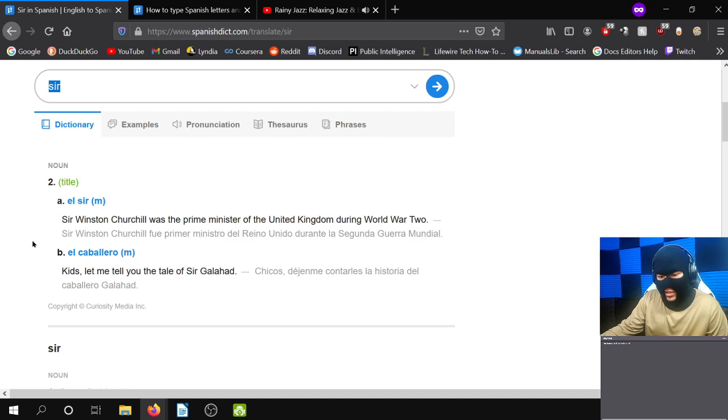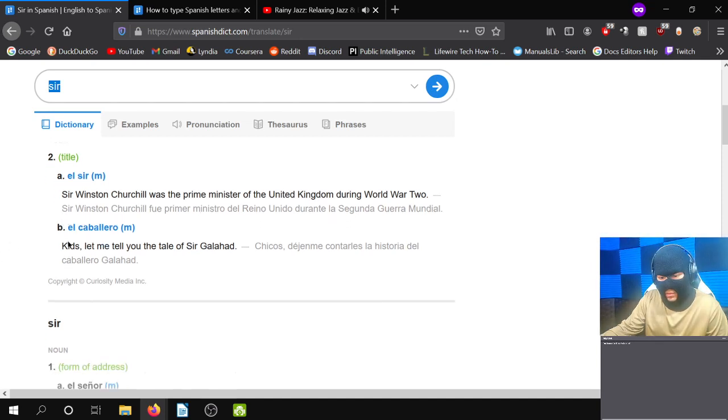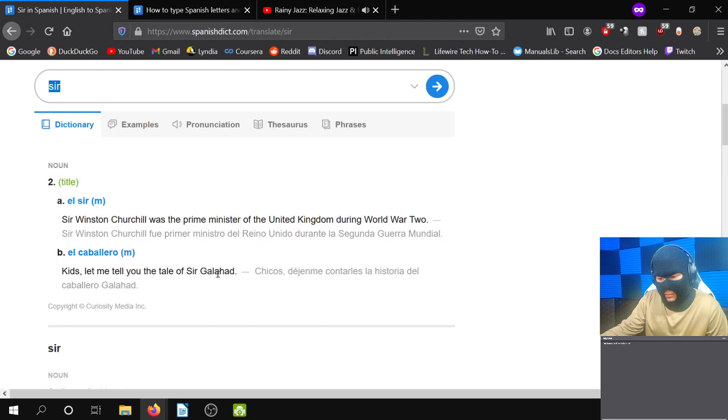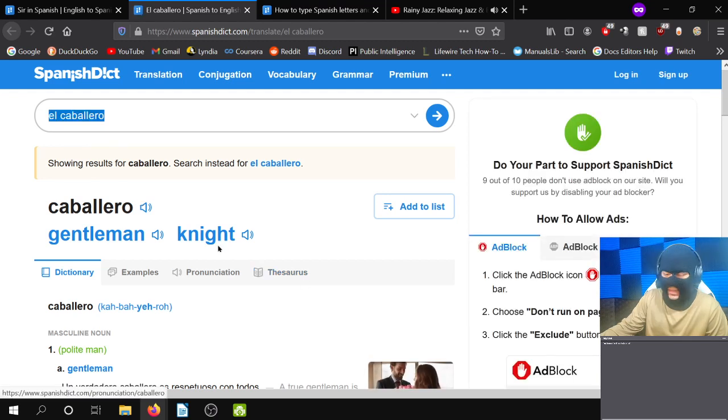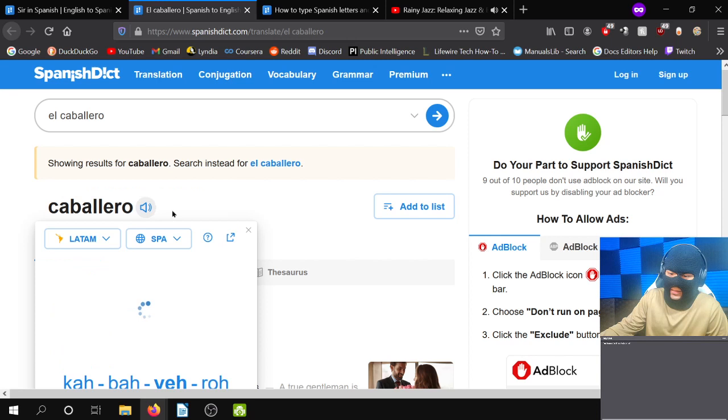So this is Spanish, yet this is still in English. Now let's go with L. Sir Galahad. It doesn't have the sir part here, but it has this word, cab. I wonder if there's a pronunciation for this. Should be. Yeah. Gentleman or knight. That's an old term.